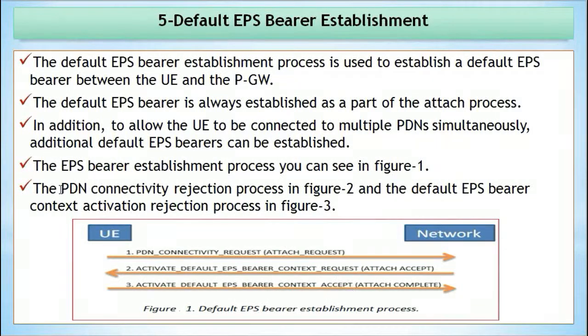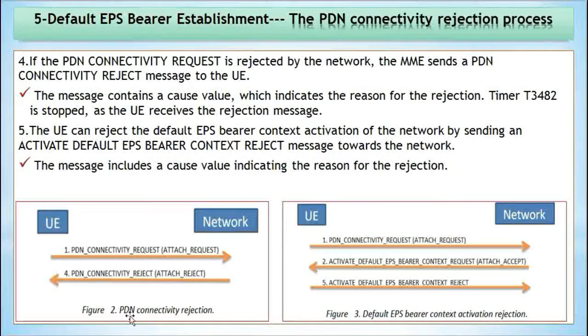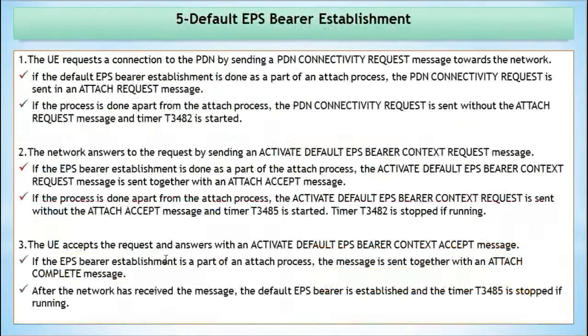The next one is the PDN connectivity rejection process, you can see in figure 2, and the default EPS bearer context activation rejection process you will see in figure 3. Here this is figure 2 and this is figure 3. Okay, first we discuss these topics.